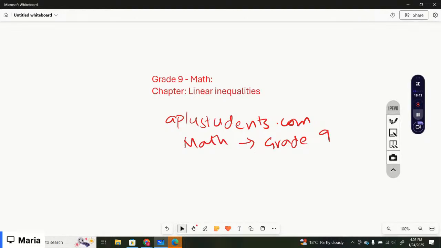We're going to start with the chapter linear inequalities.